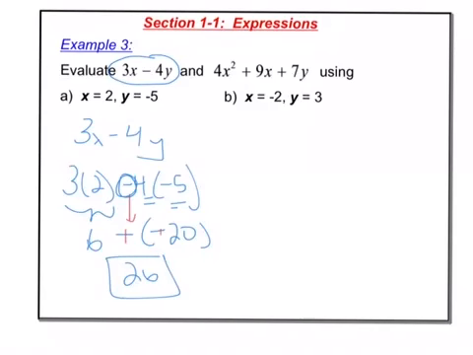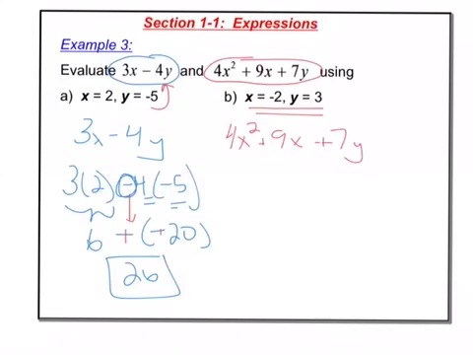For part B, I'm going to do this problem right here. So 4x squared plus 9x plus 7y, but now I'm going to use these values. So I used the values in A for the first problem. I'm going to use these. So I'm going to write 4x squared plus 9x plus 7y, and I'm going to go ahead and replace.